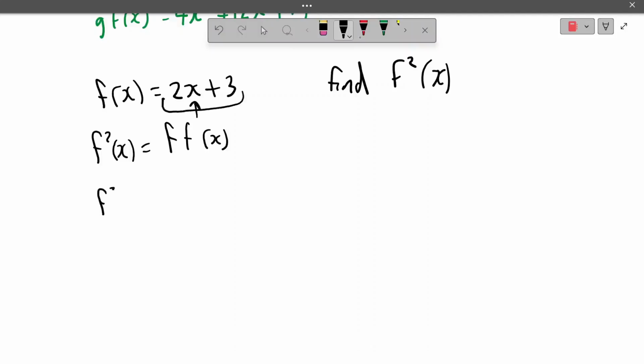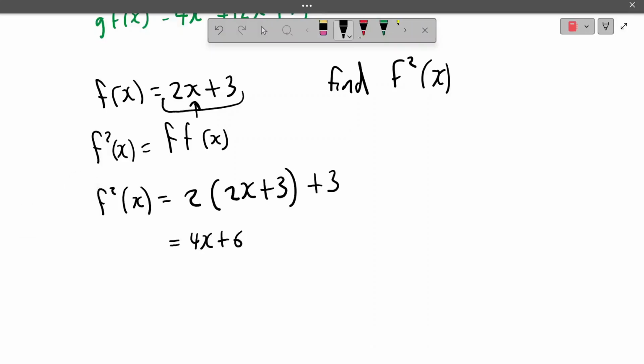So our f squared of x is 2 lots of 2x plus 3, plus 3. So you're replacing the x with itself. So then that is 4x plus 6 plus 3, or our f squared of x is 4x plus 9.